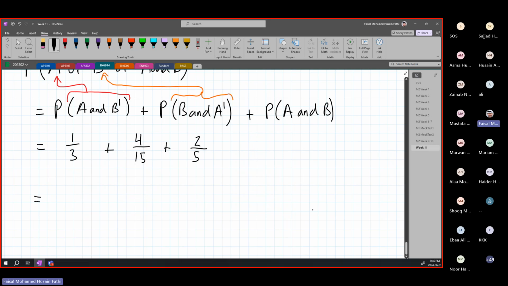So the probability is going to be 1 over 3 plus 4 over 15 plus 2 over 5.